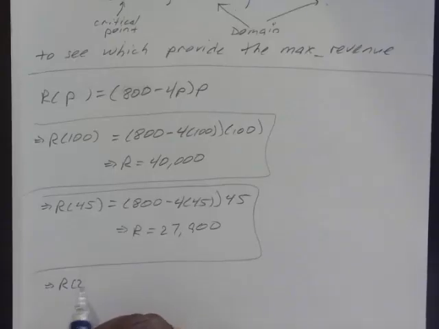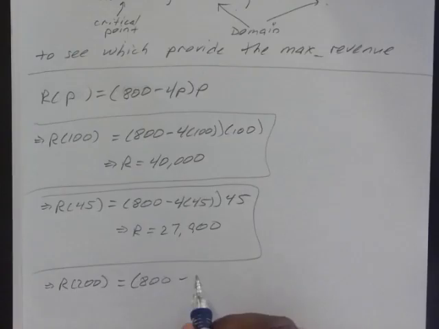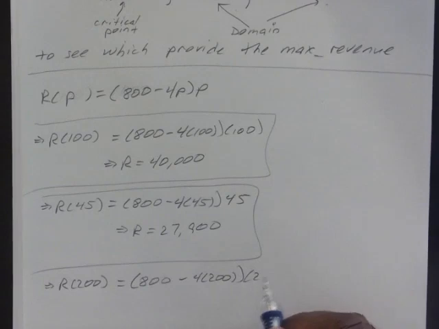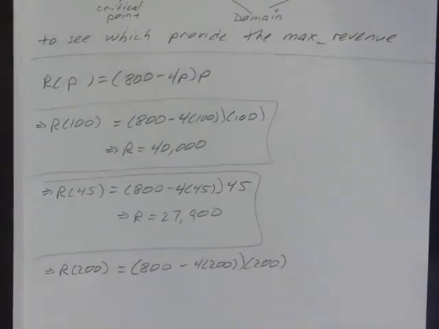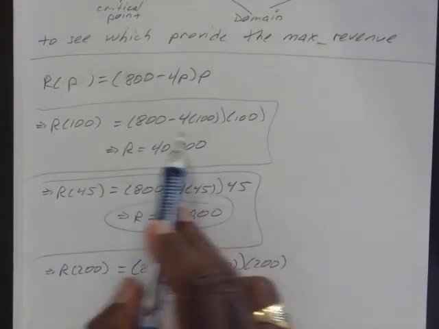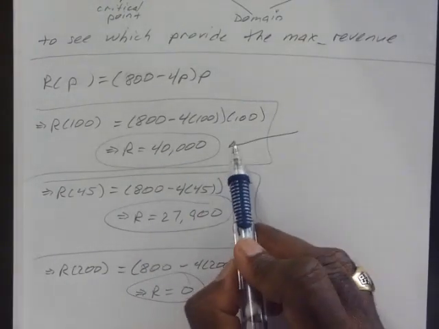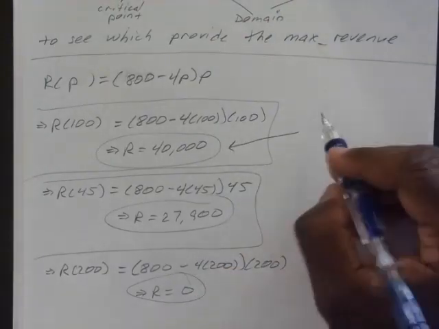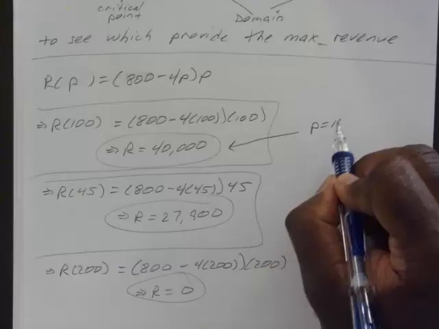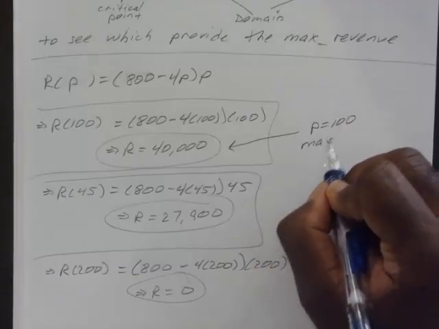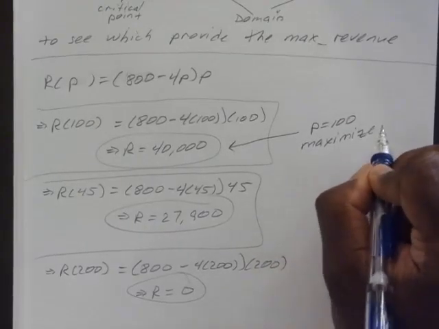And the revenue at $200 is equal to 800 minus 4 times 200 times 200. And that gives us a revenue of $0. So the maximum revenue is found at $100. So the price equals $100 maximizes revenue.